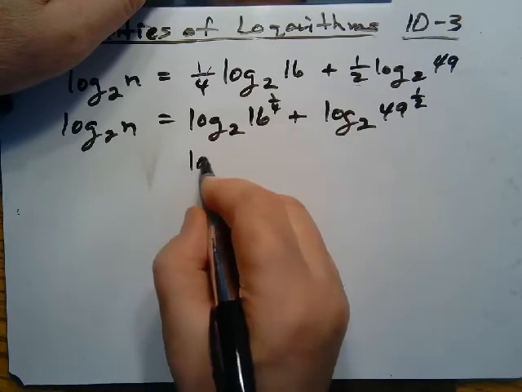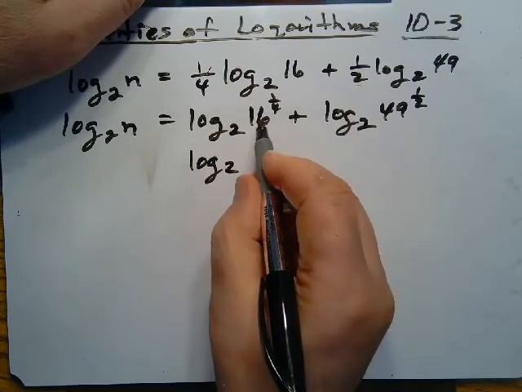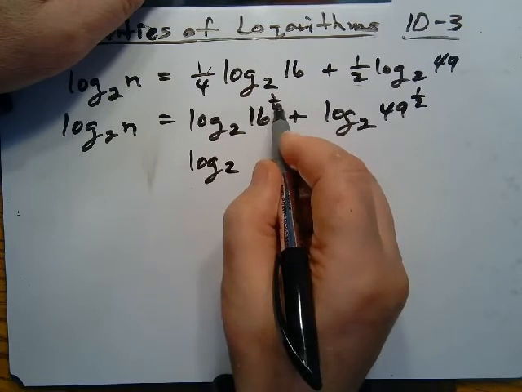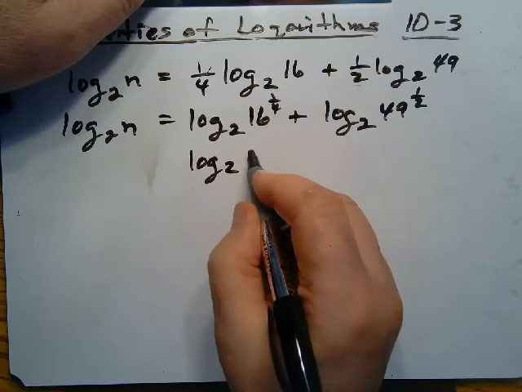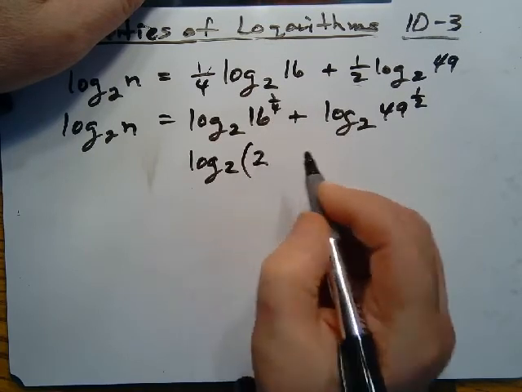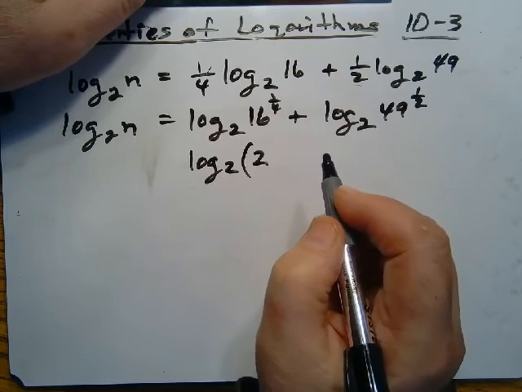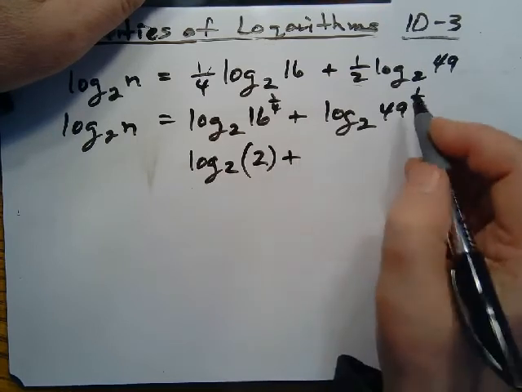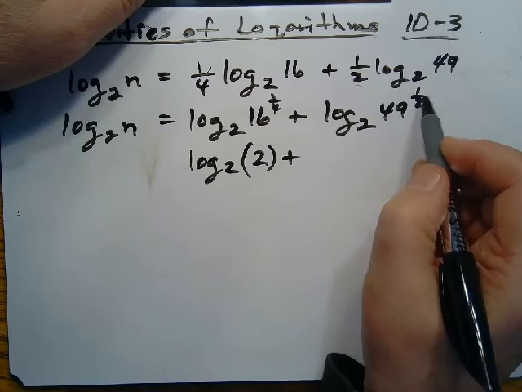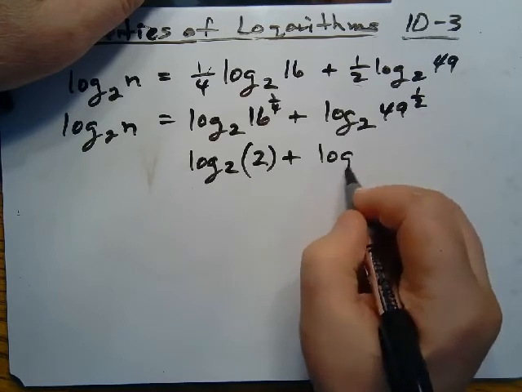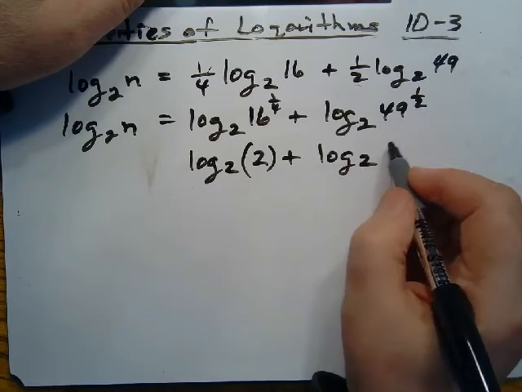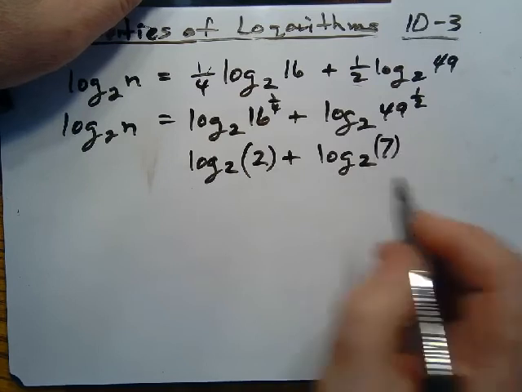So I'm going to rewrite this as just 2. 16 to the 1/4 power is 2. Okay. Also, I recognize that 49 to the 1/2 power, well, that's the square root. That's log base 2 of the square root of 49, which is 7. Okay.